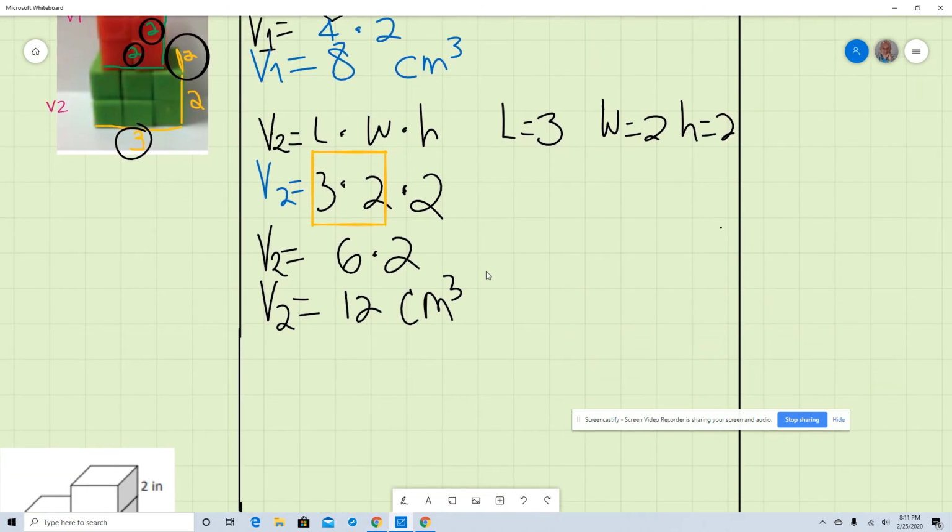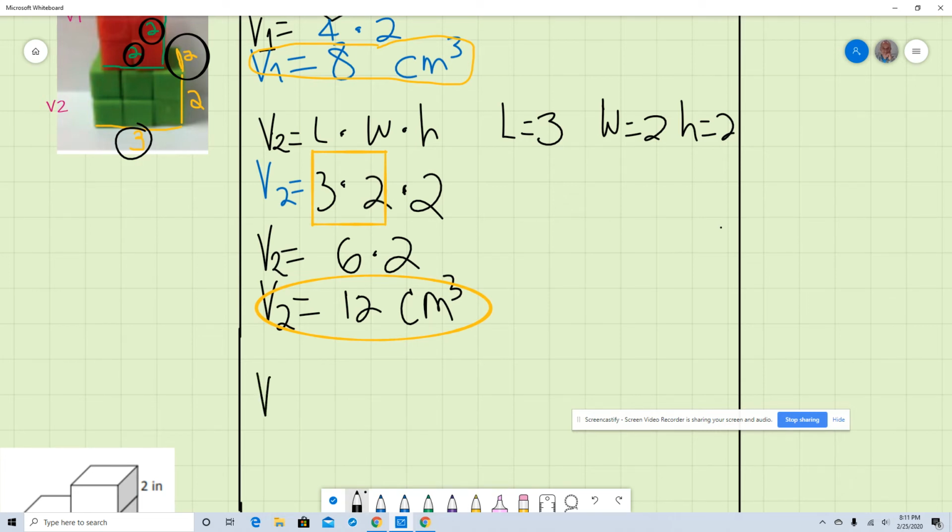So let's find the total. We have volume 1 right here, in cubic centimeters, and volume 2, which is right here. So the total is volume 1 plus volume 2. Let's copy the answer from the one.